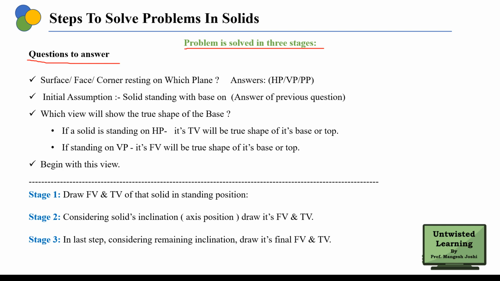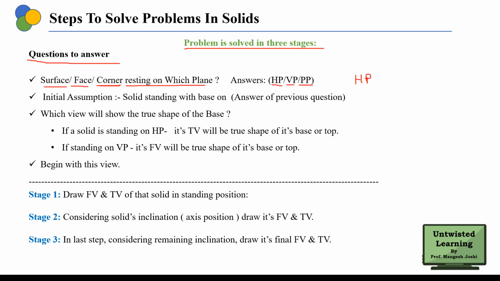The first question is: surface, face or corner is resting on which plane? You will read the problem and then try to answer. Suppose you find that the corner of a cone is resting on HP. Possible answers are given here: HP or VP or profile plane. So the answer is HP.